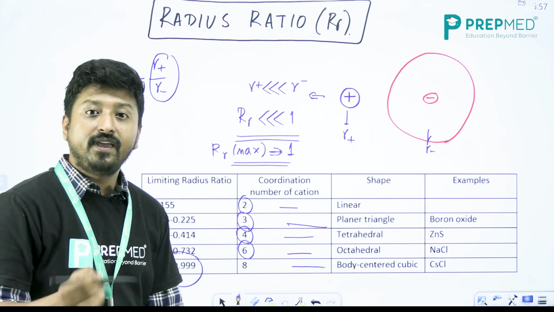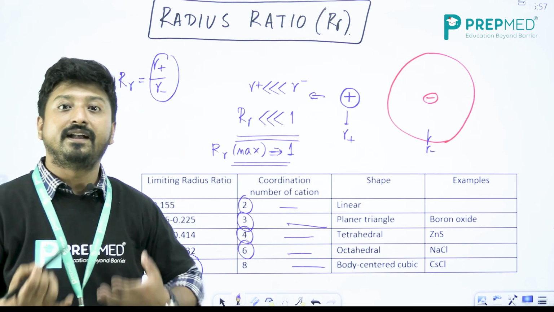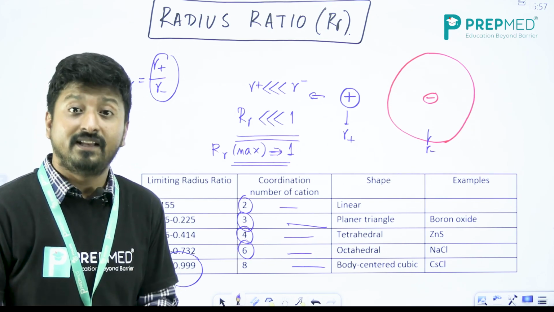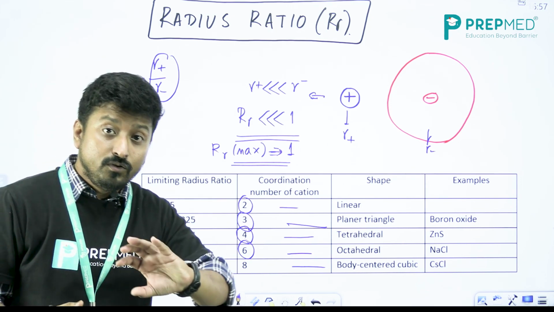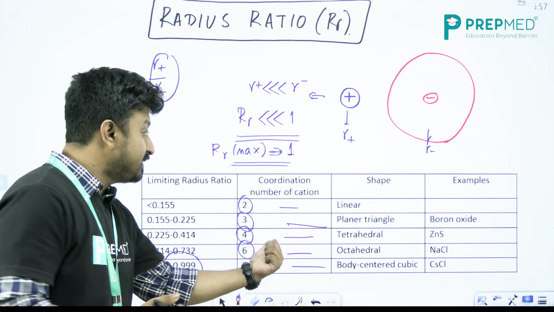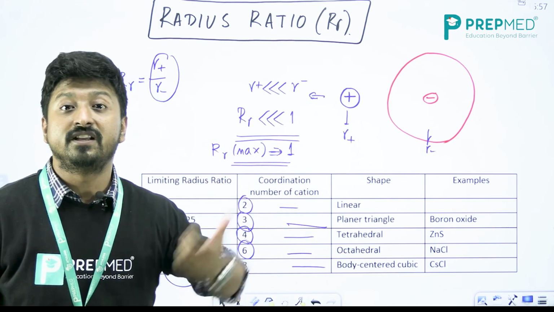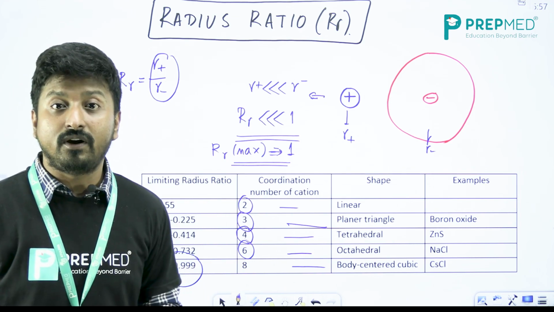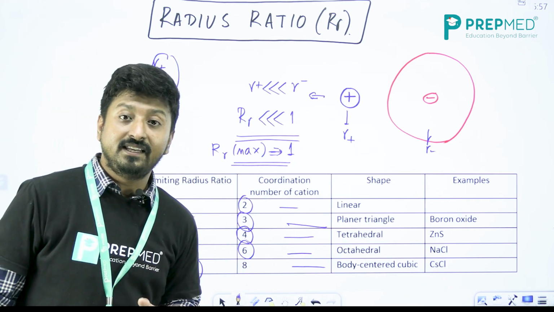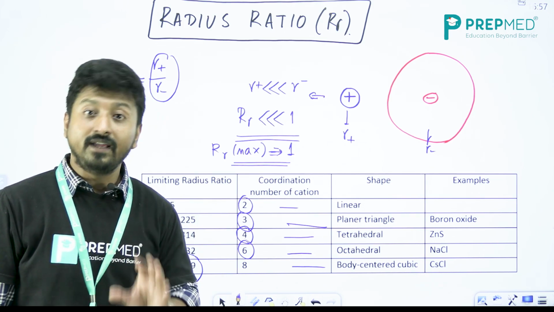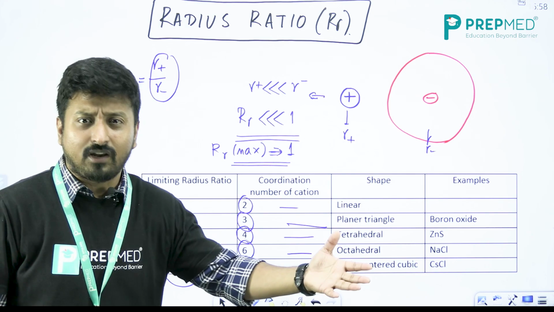Now if we are able to calculate the radius ratio of any geometry, or experimentally if we are able to calculate it, using that data and this table we can easily find the corresponding coordination number, and once we know the coordination number we can easily find out the formula of the corresponding lattice. So that we will talk about later.